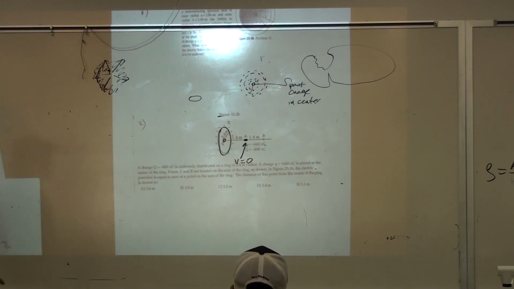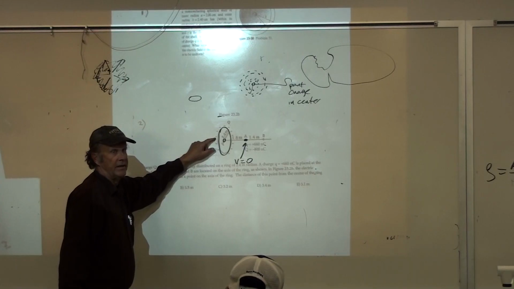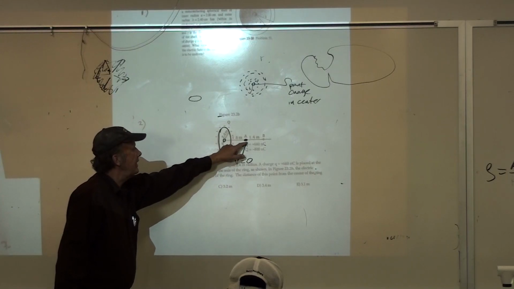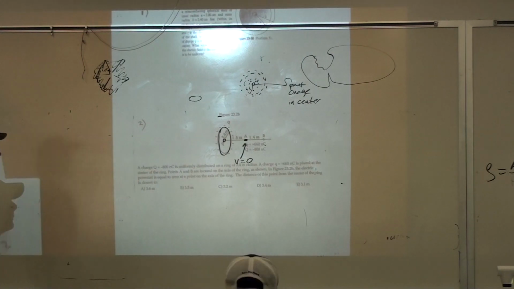But now you need to write the expression for the voltage for a negative charged ring. And then add that to the voltage for a point charge, and then find the condition on x, the distance, that gives you a 0 voltage at that point.